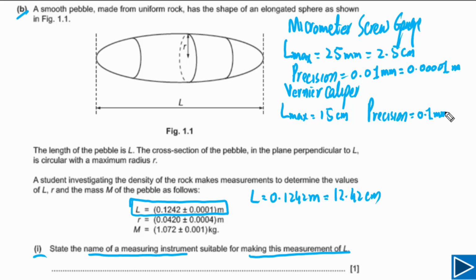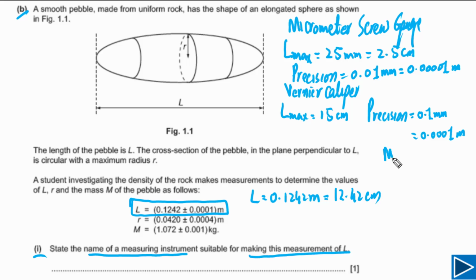We are talking about the commonly used one; some vernier calipers have higher precision than this. If we convert this into meters, it is 0.0001 meter.